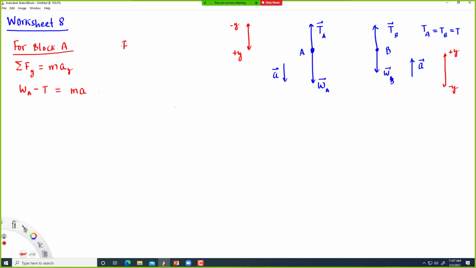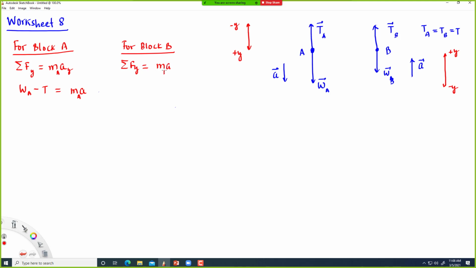For block B, sum of forces along y direction is MA again. Here you need to be very careful with the notation. So here we are talking about mass A or block A, so you need to write here M sub A, because this mass and this mass are different because they have different masses.